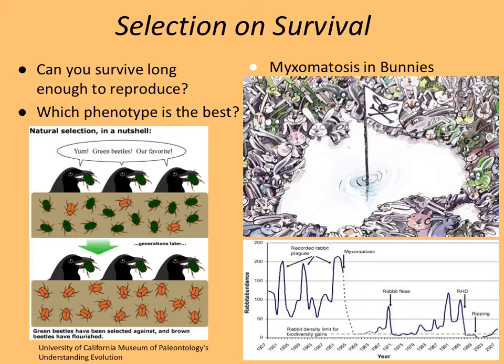So here's selection on survival again. Same sort of thing as with the moths. Here we have myxomatosis, a virus. When the British went around the world and had colonies all over the place, they often were homesick for, let's say, the animals that were present.